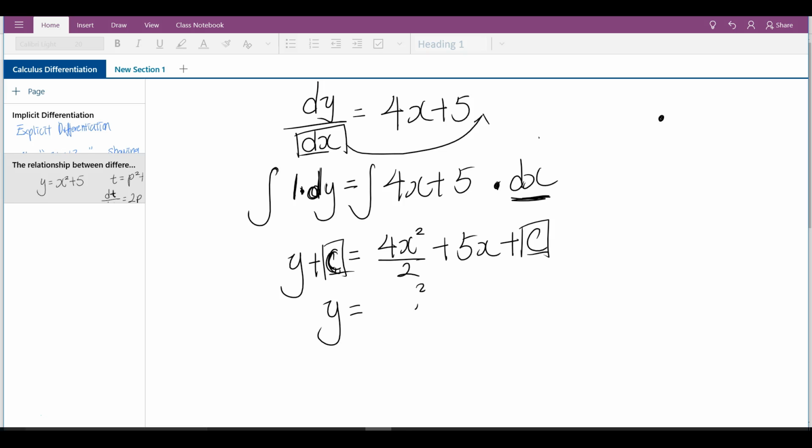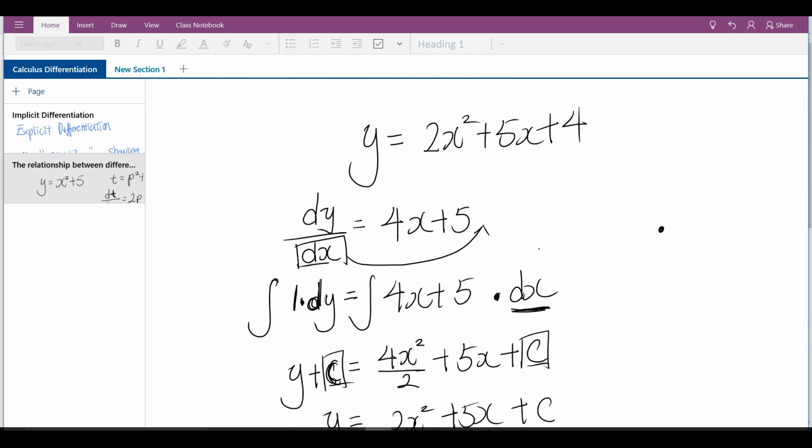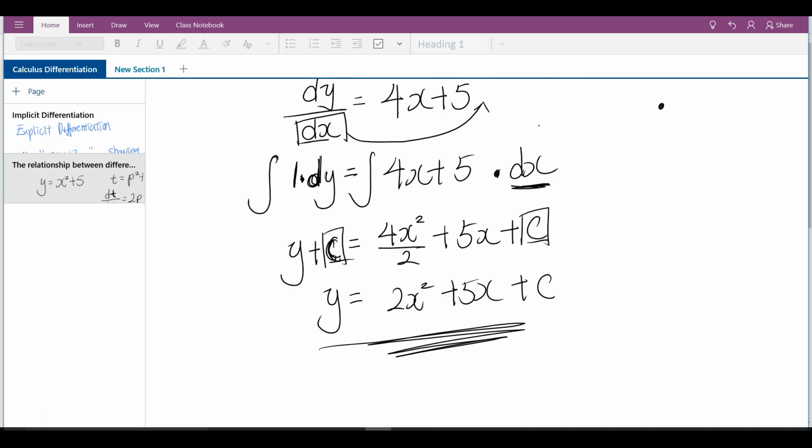So this becomes 2x squared plus 5x plus c. We get back to the original function, 2x squared plus 5x plus 4, but in this case our c is unknown.